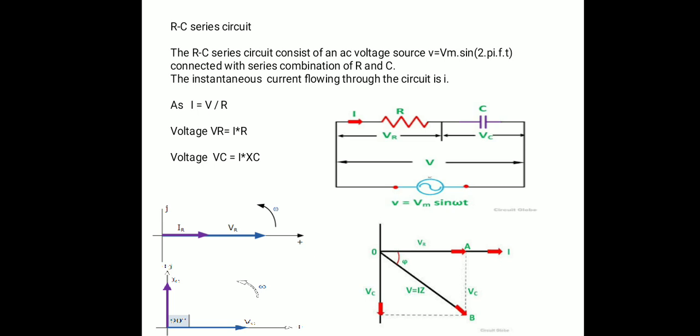I have drawn the phasor for the voltage, so Vc is drawn on the reference axis. Next, where do we draw the current phasor? As we know, the current flowing through a capacitor leads the voltage by 90 degrees. So current is leading and voltage is lagging. As Vc is drawn on the x-axis, we have to draw Ic on the y-axis. That phasor indicates that current is leading by 90 degrees.